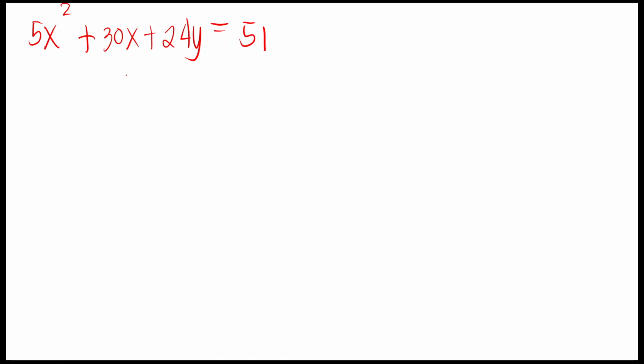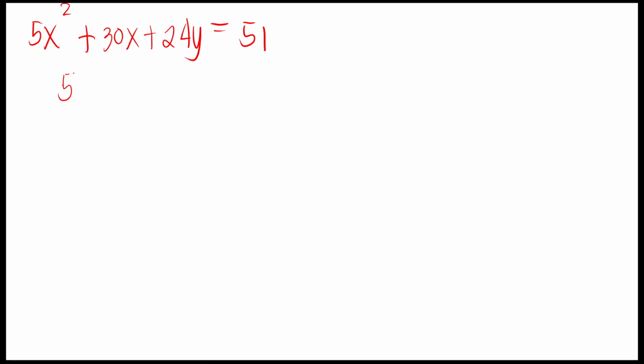In order to transform this to standard equation, what are we going to do? We separate the variable which is quadratic, or the variable that has a degree of 2. For this example, the x variable has a degree of 2.